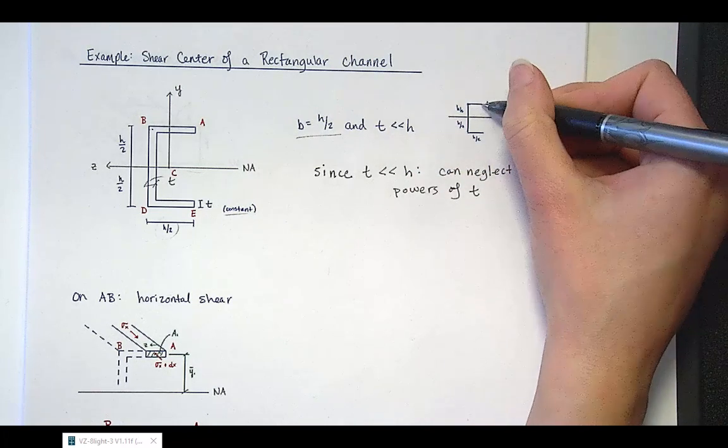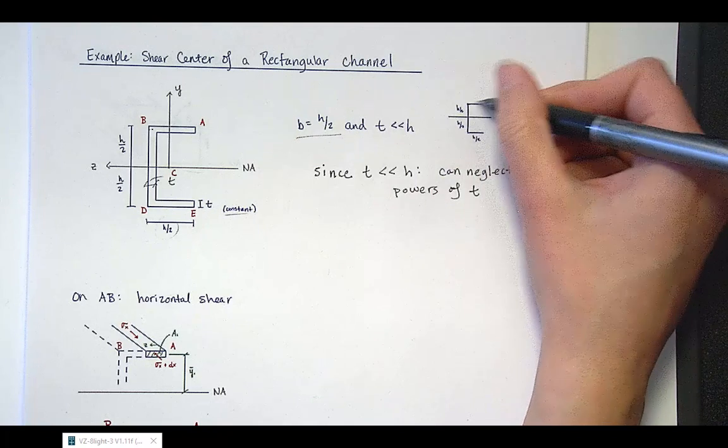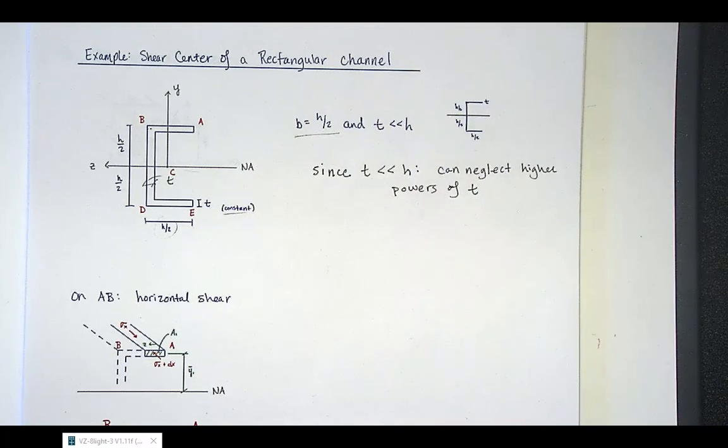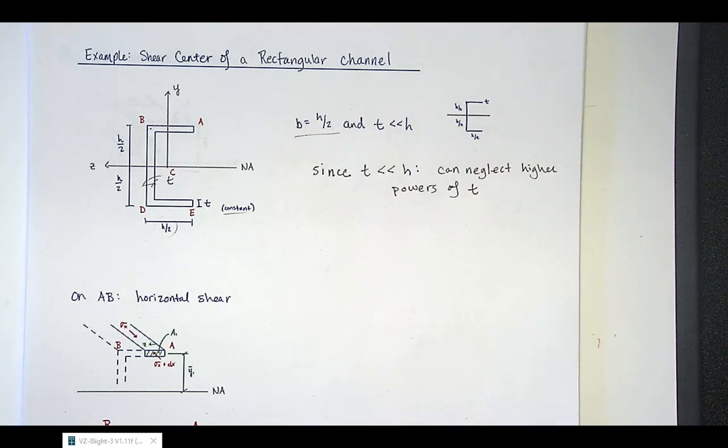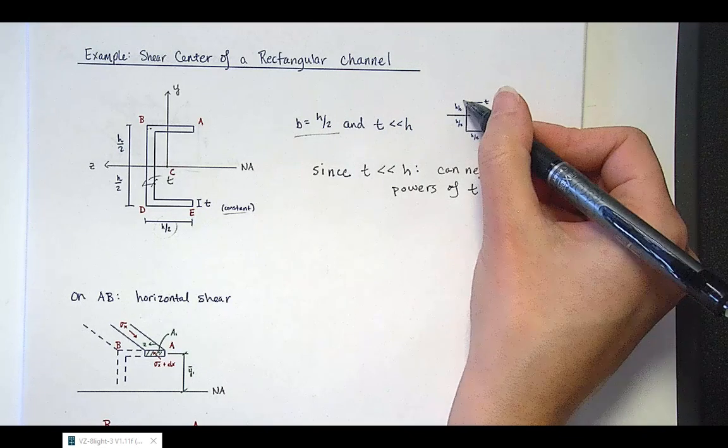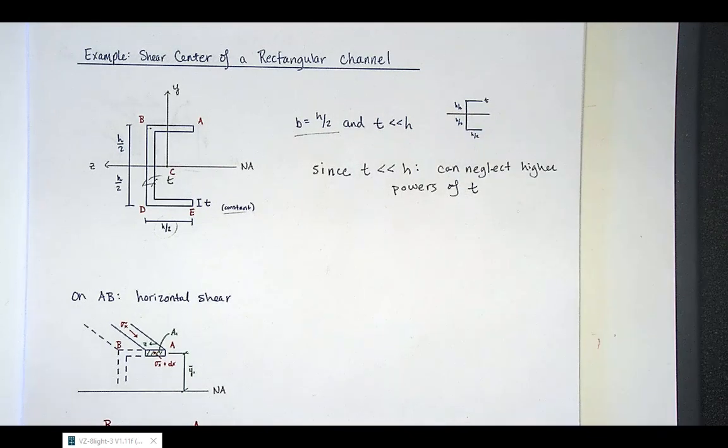So we can think of it as a very thin section like so, and just treat the thickness as a thickness property and not worry about how that affects the length of each segment.